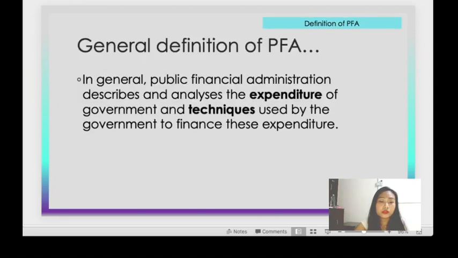Okay, next, in general or in conclusion, we can define that PFA is public financial administration that describes and analyzes the expenditure or the spending of government and techniques used by the government to finance this expenditure.